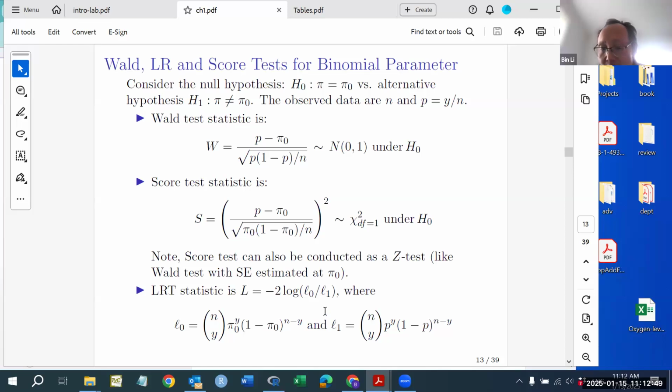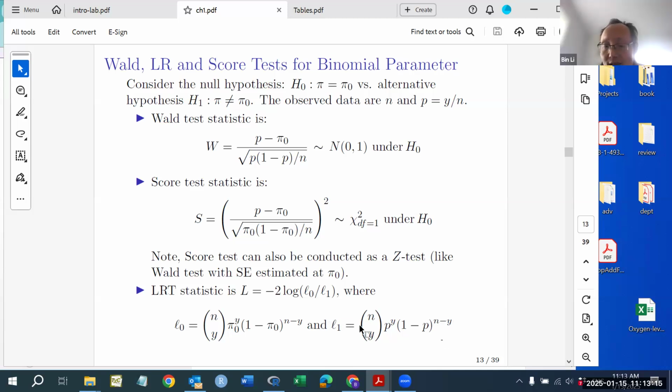And under the alternative, it's this one. Why? Because the first one is the binomial coefficient, the same as this. But what is the MLE under the alternative? That's P, the sample proportion, to the power of y times 1 minus P to the power of n minus y.